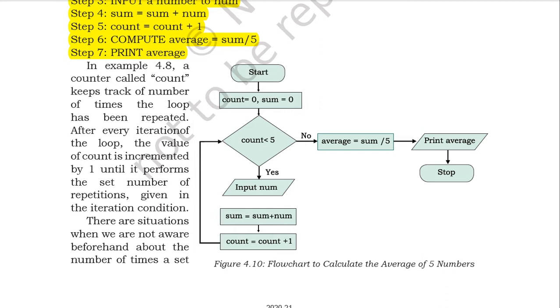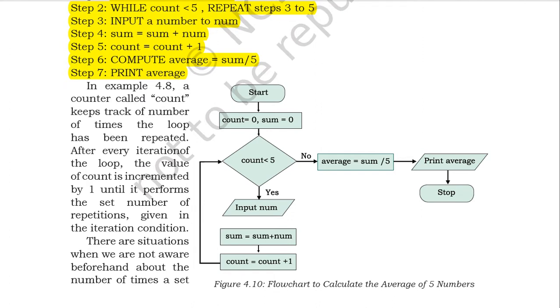Now see the flowchart here. Start, count equals 0, sum equals 0. Here is a decision box, count less than 5. The answer will be either yes or no, right? For yes, input num. Count means how many numbers have been taken. If there are fewer than 5 numbers, then only input is taken, because you have to take the average of 5 numbers, not more than that.